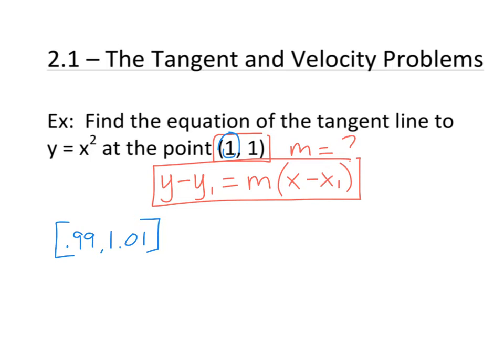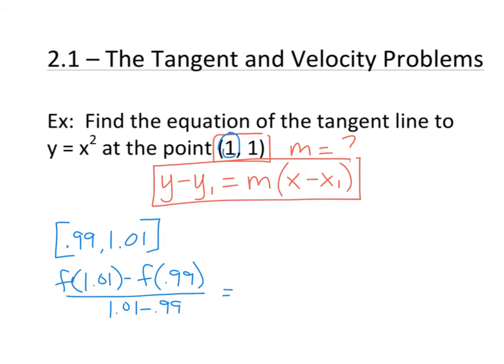And if I use this interval really close to 1 and use the average rate of change formula, f of b minus f of a all over b minus a, this should give me an idea of what the slope is at x equals 1.